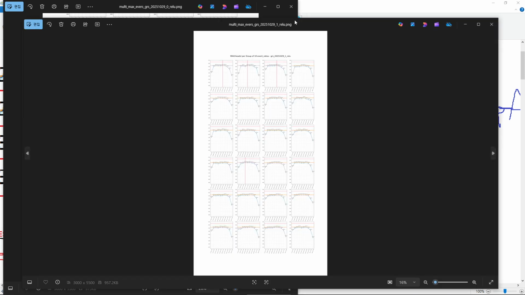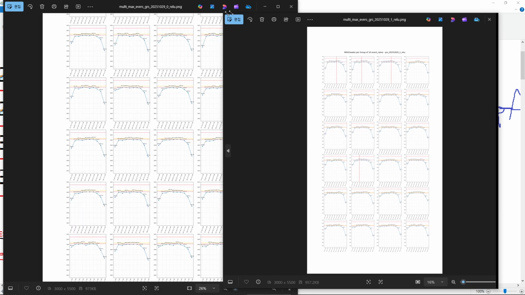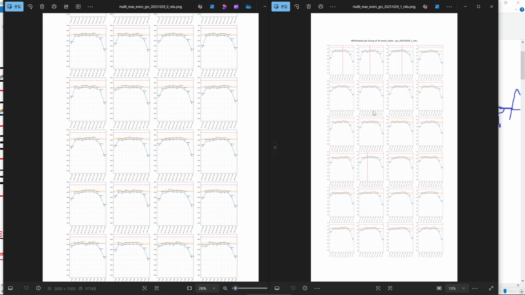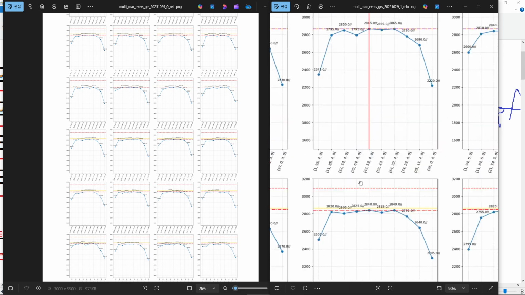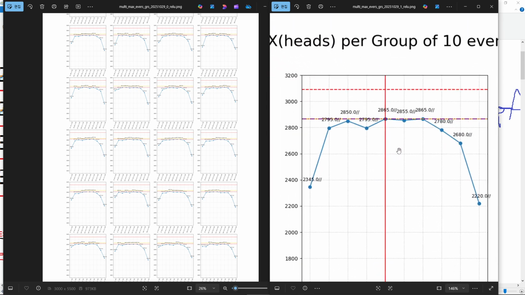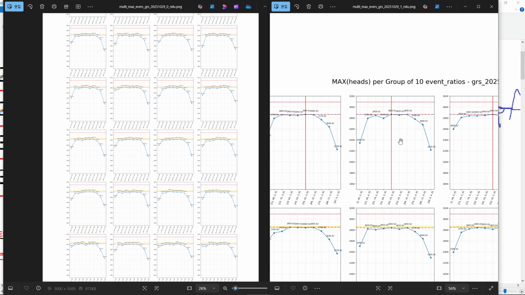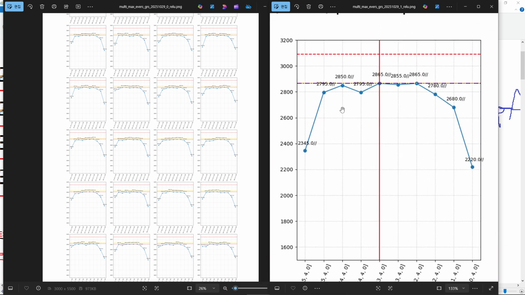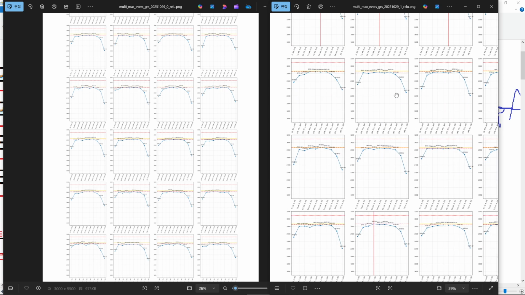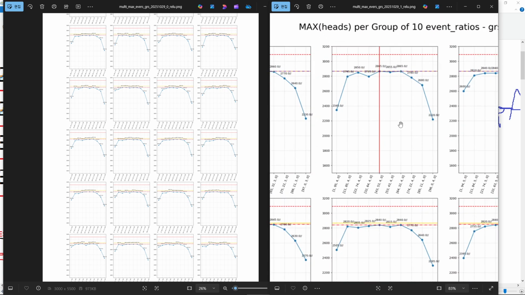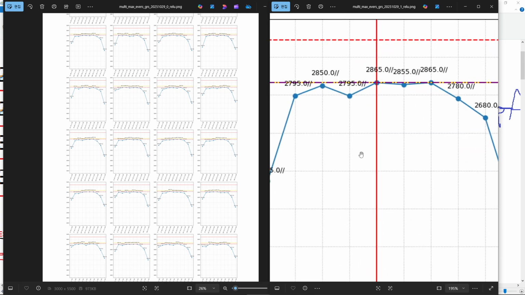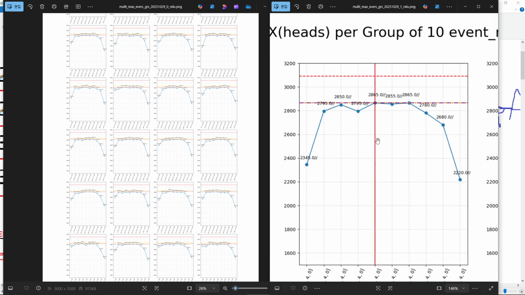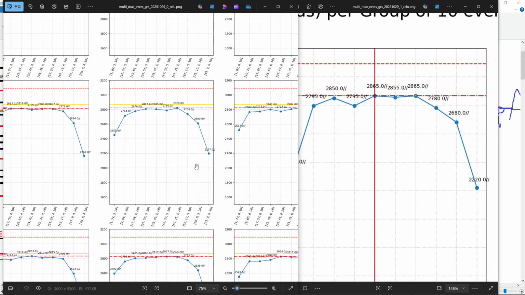Compare this to this, and as you can see here, for now we can just ignore the true ceilings here because there's another problem, but just have a look at how the numbers look different.